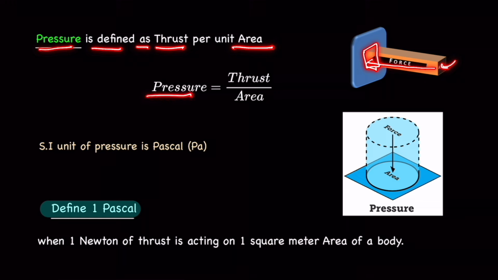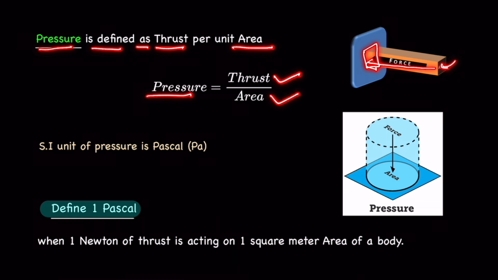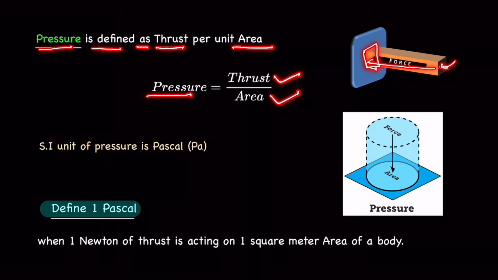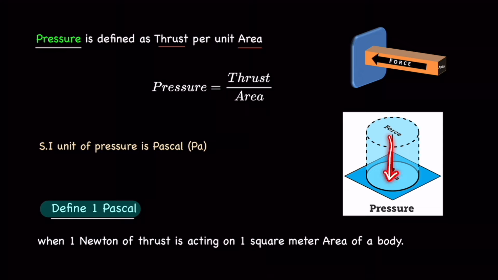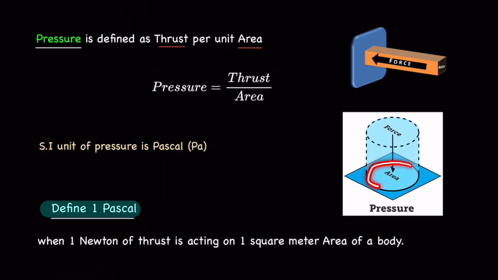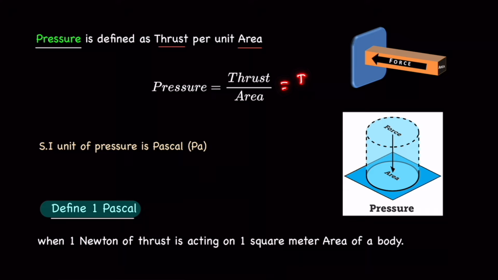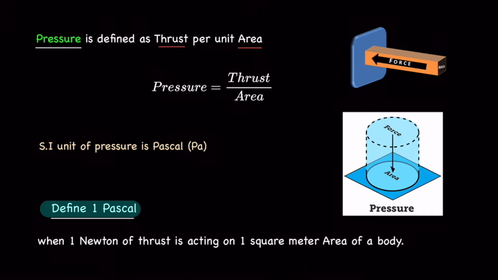Pressure is equal to thrust by area. Let's understand by another example. We have a surface and we apply the thrust on the surface. The area covered by the applied force body, that area is our capital A. So pressure is equal to thrust by area and its SI unit is Pascal.